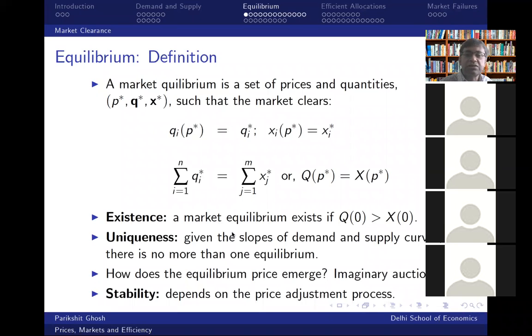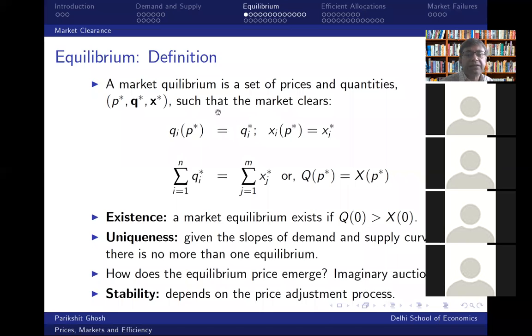In this course, it's not my mandate to talk about those things, but just keep in mind that sometimes markets may not clear, and we can find good theoretical reasons why that may happen. Having said that, let me come back to the classical path and say, for our purposes right now, we'll assume market clearance. We'll stick to classical assumptions.